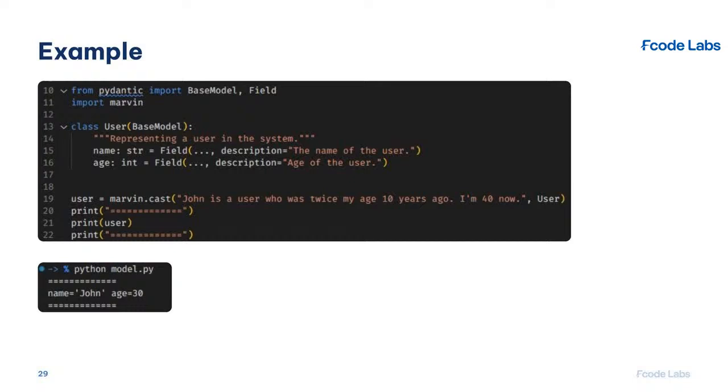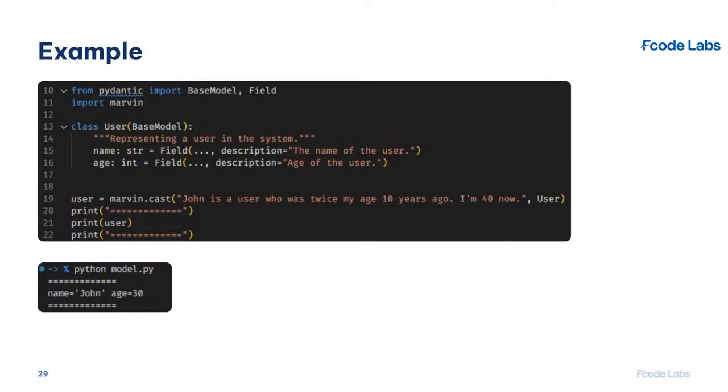Here's another example. I run with a user model with name and age, and I send the request to the Marvin cast function as: John is a user who was twice my age 10 years ago. I am now 40. The LLM has to identify the information of the user and create the object for it.